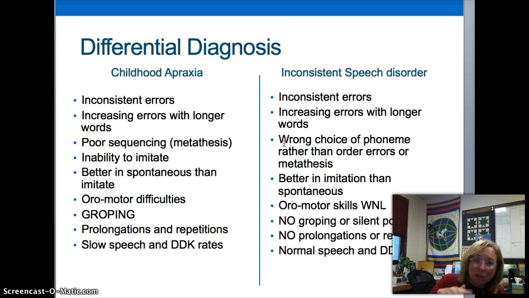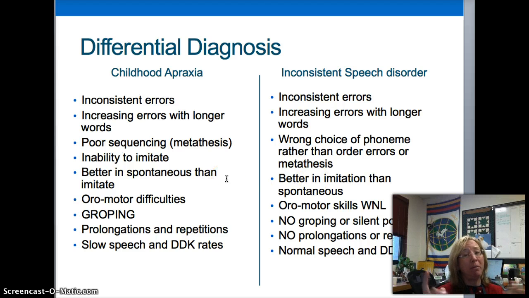It's not that the syllables are slipping out of order, it's more that they're picking strange sounds to substitute into the words. A child with apraxia is going to have trouble imitating, but a child with a speech sound disorder is going to be better in imitation than they are in spontaneous conversation.